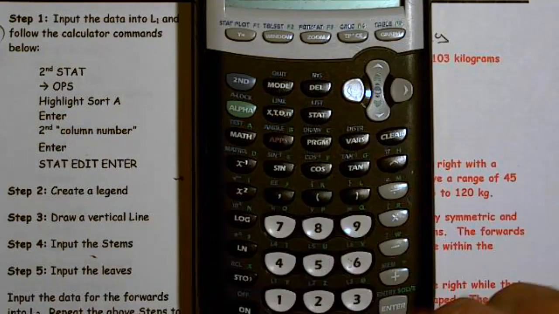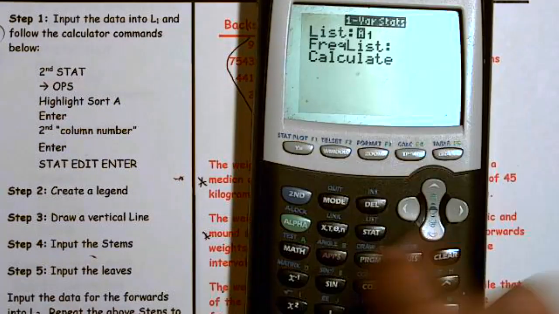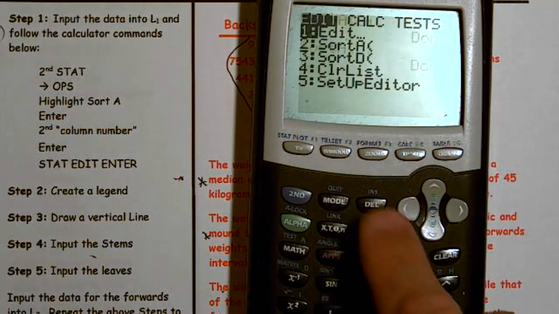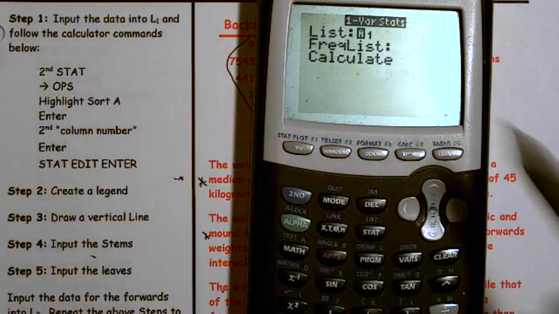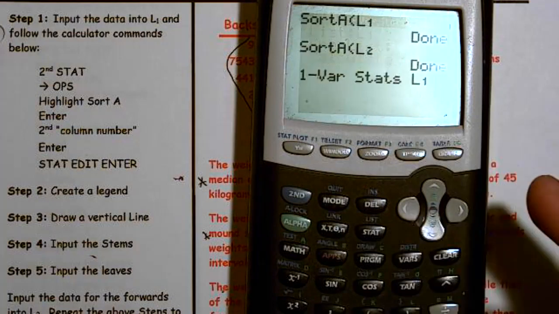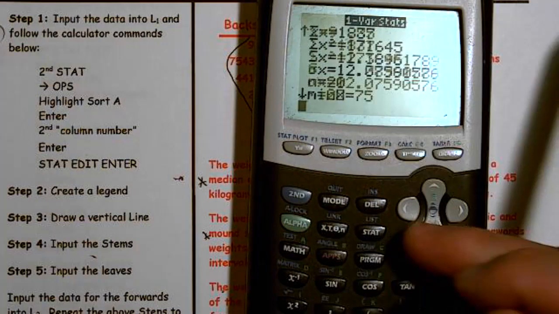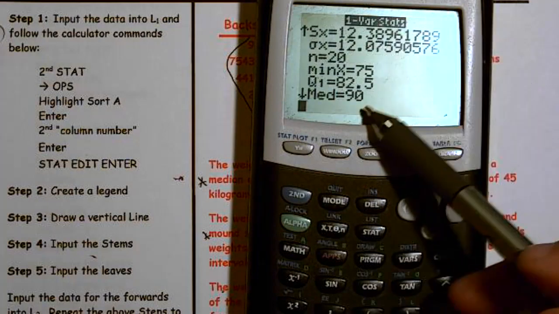And by the way, I could actually go to stat, calc, one variable statistics. Do that again. Stat, arrow over to calc, one variable statistics. My data list is L1. And there's everything, and we end up with a median of about 90.